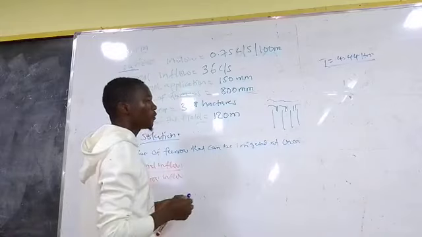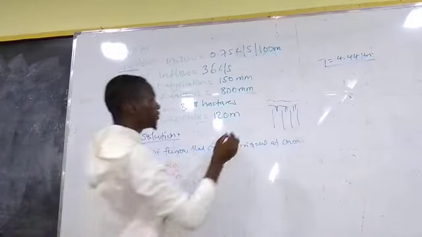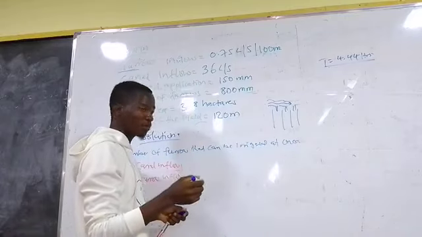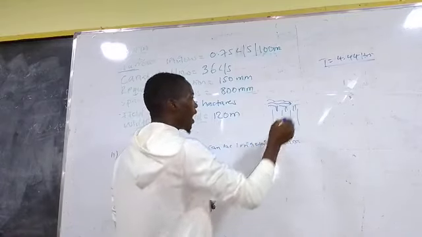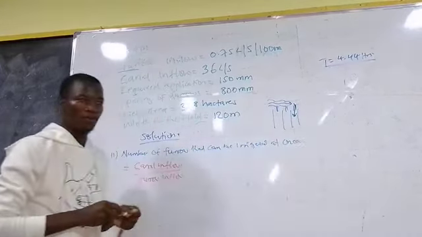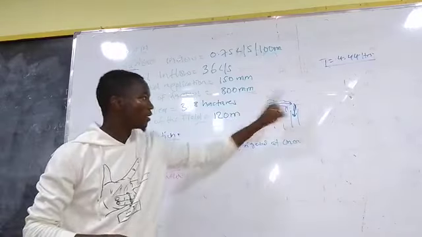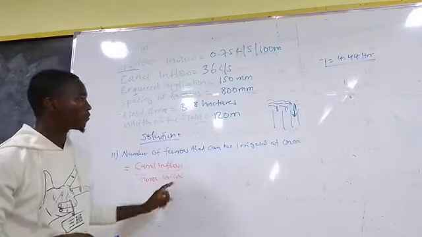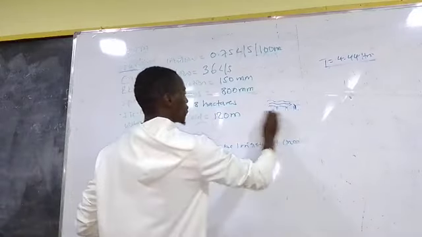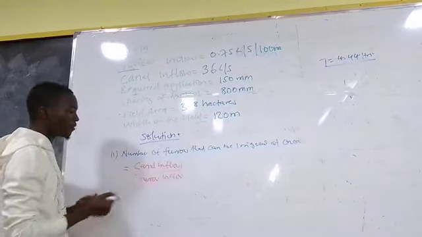So to find how many furrows will be irrigated, we divide how much water is going through the stream by how much water is going into the furrow. That's why it is canal inflow divided by furrow inflow. That's where it's coming from.